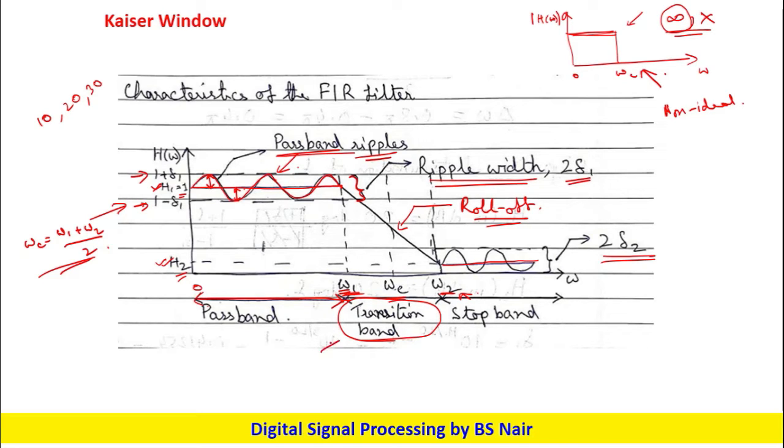Okay. So now you have understood the filter characteristics, right? Similar would be the filter characteristics for the high pass filter, band pass filter, and band reject filter. Over there also you will get this kind of thing. If you have any confusion, please come to me. So I am not covering that.